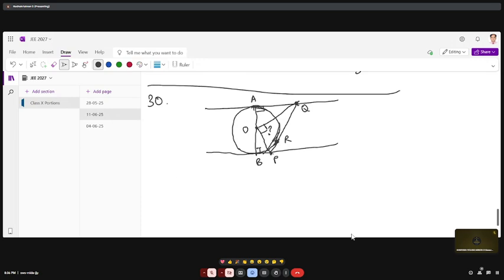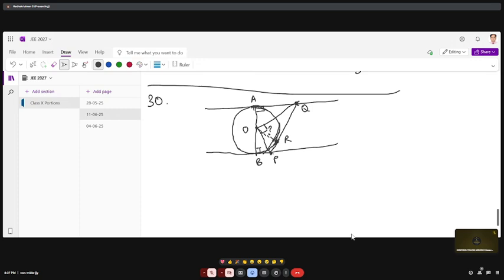Let us join this OR. That will help us. Join OR. And look at these two triangles.